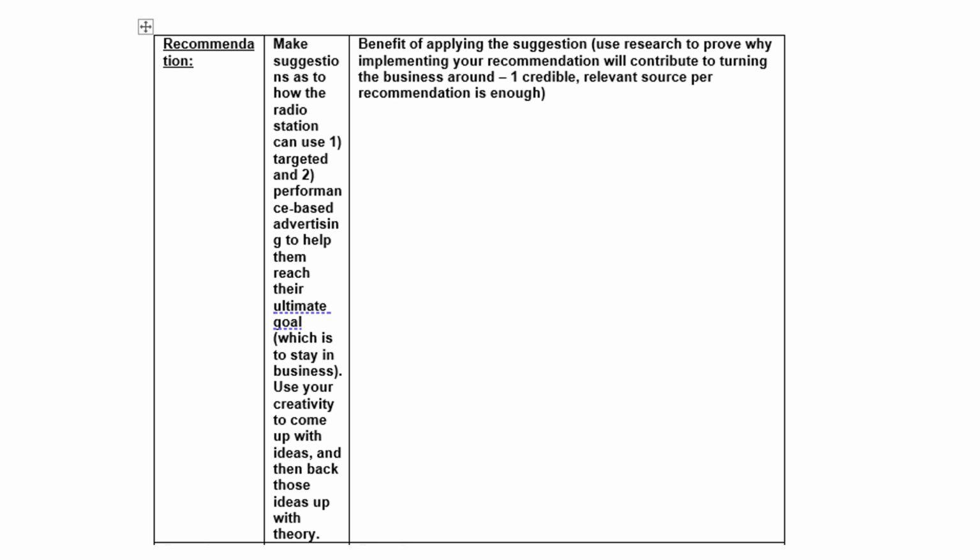Okay, so guys, a good answer would need to include either 2 examples of targeted advertising and 1 example of performance-based advertising, or the other way around. So 2 examples of performance-based advertising and 1 example of targeted advertising.